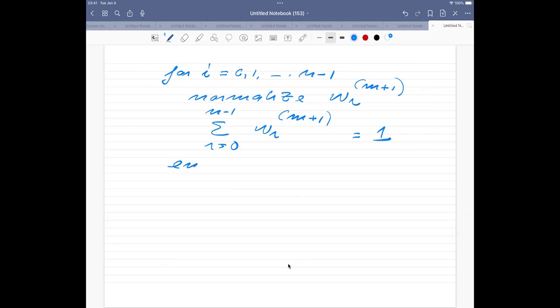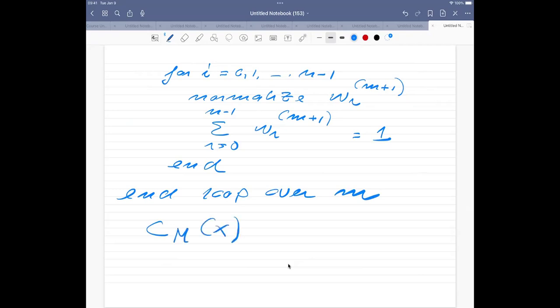So we end this loop, and then we have the final end loop over m. And what we have then is our final function C_m(x), which is the one we will use to make predictions.